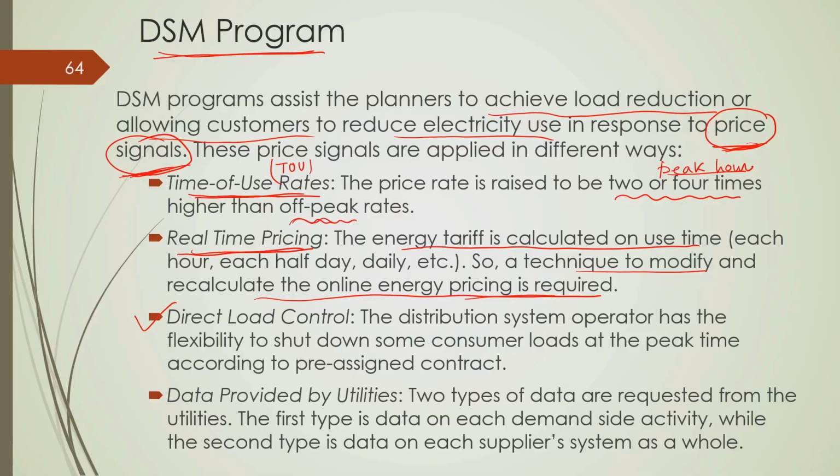Similarly, direct load control is another approach. I was talking about if the distribution system operator has direct access to the consumer load, they can regulate it during peak time. For example, the operation of an air conditioner.